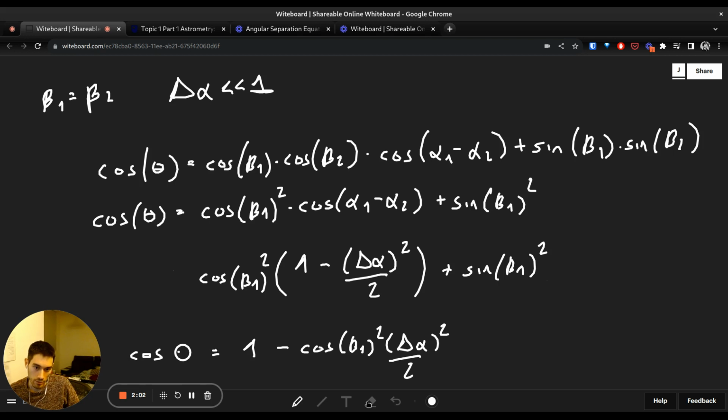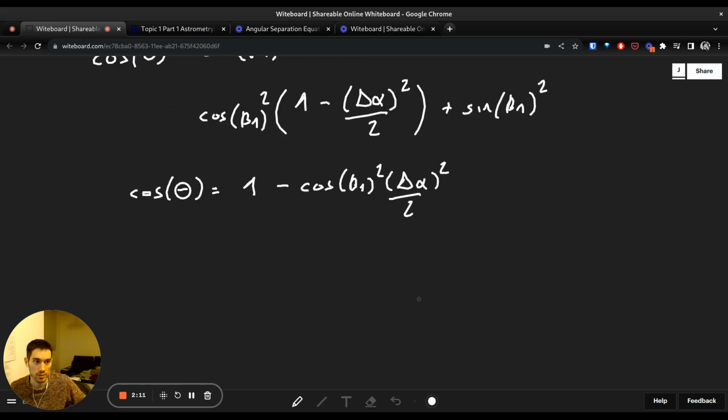So now we got cosine of theta is this. There is one more assumption that we can make, and that is if the angular separation is really small, we can express this as 1 minus theta squared over 2.